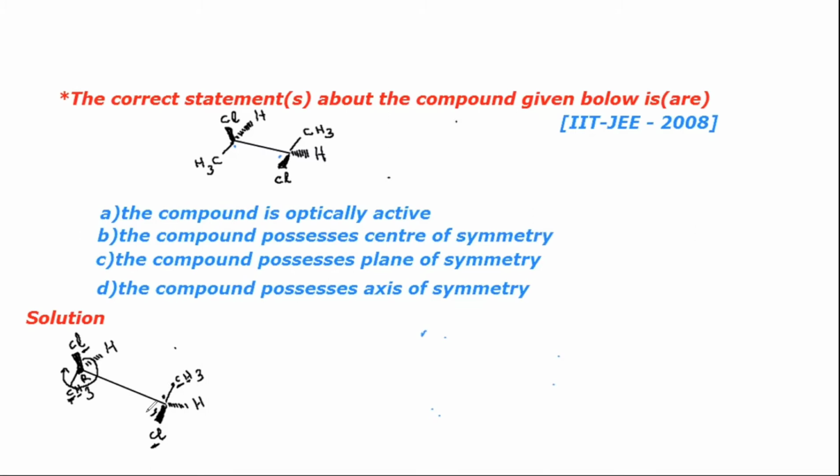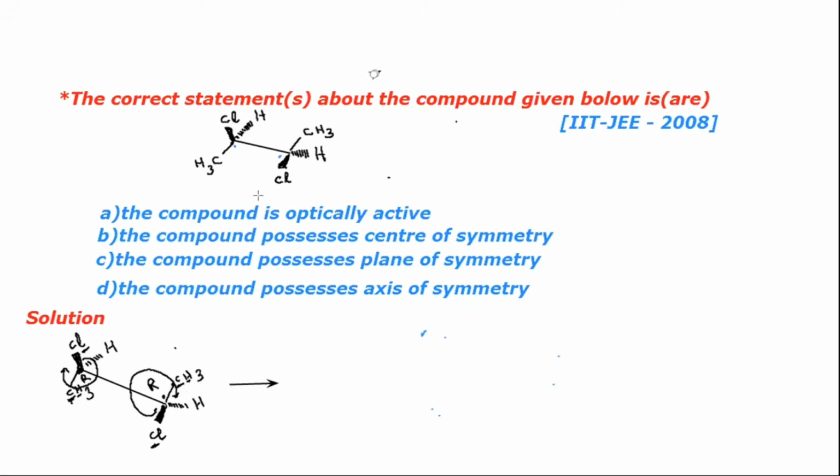So the 1, 2, 3 priority groups are arranged in clockwise direction, and here also. But because hydrogen is the least priority group, which is kept away from the observer, shown with the dash lines, both chiral carbons have R notation only. Keep this in mind before converting this formula into Fischer formula.